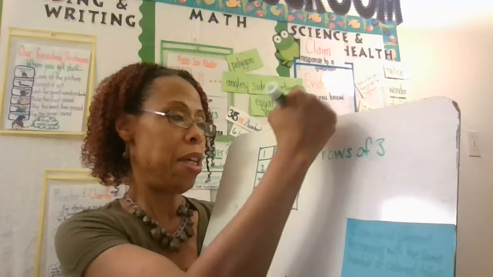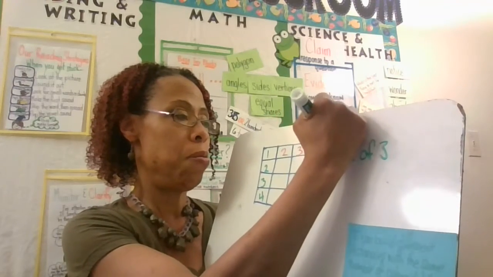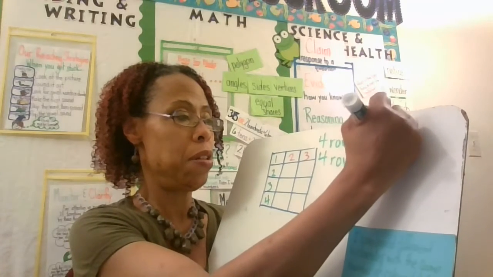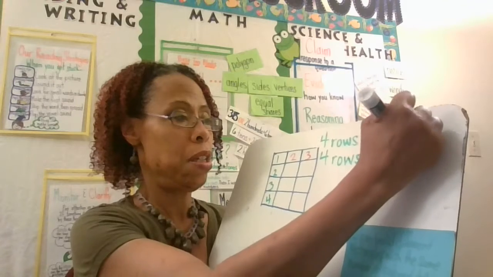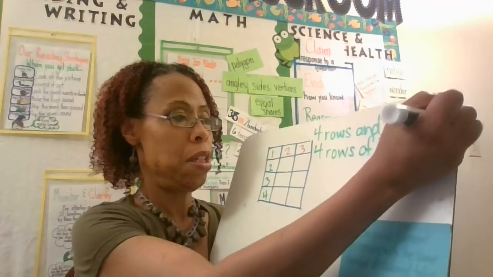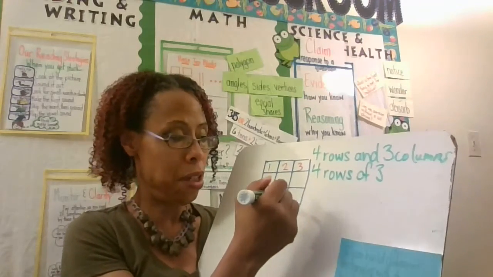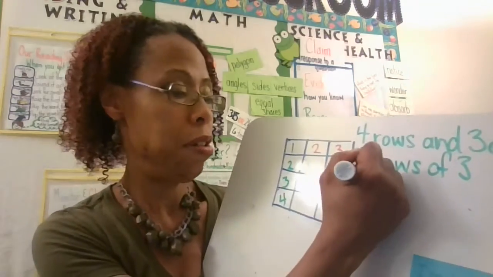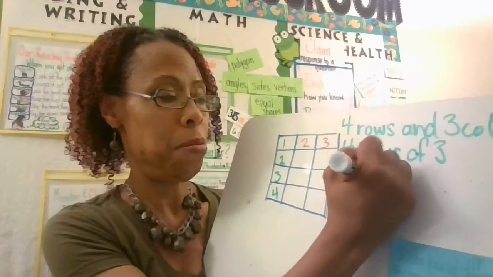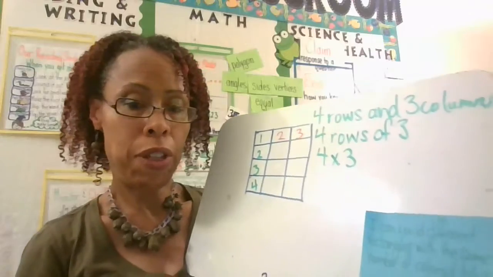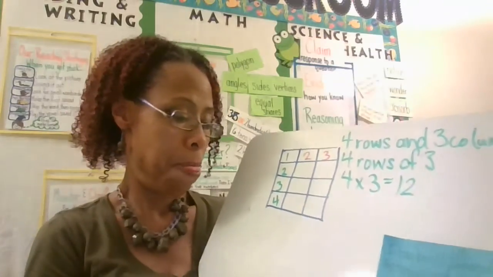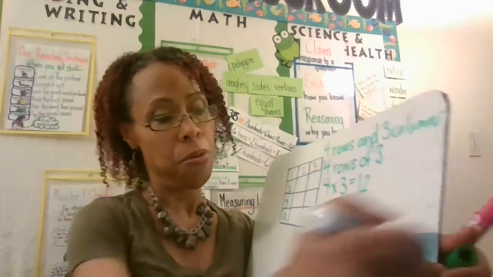And that's the same thing as 4 rows and 3 columns. All right, and that's also the same thing as, let's get into some 3rd grade math, 4 times 3. And all of that is equal to 12. And now that's one rectangle.